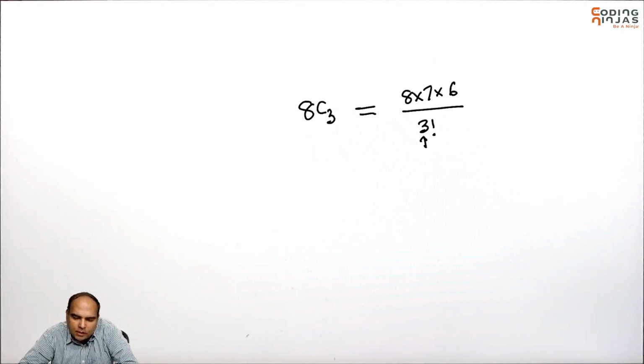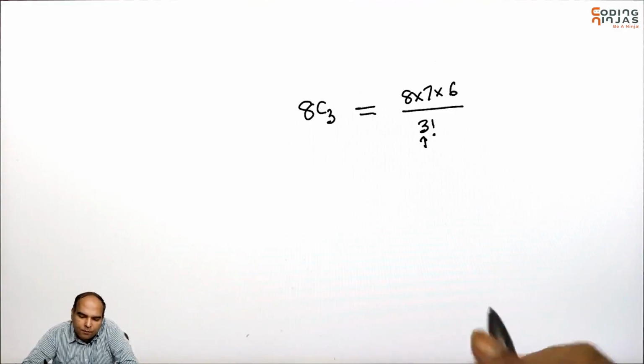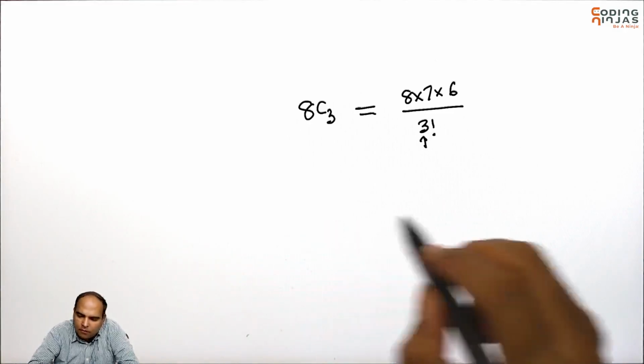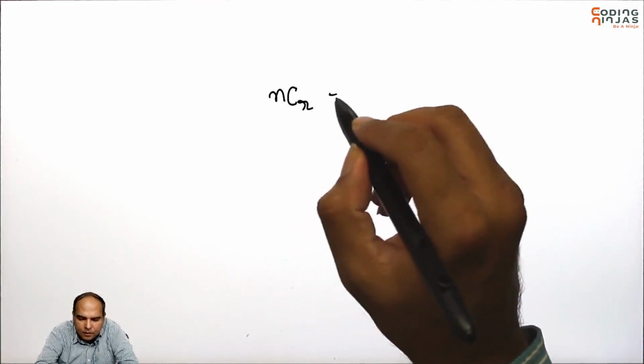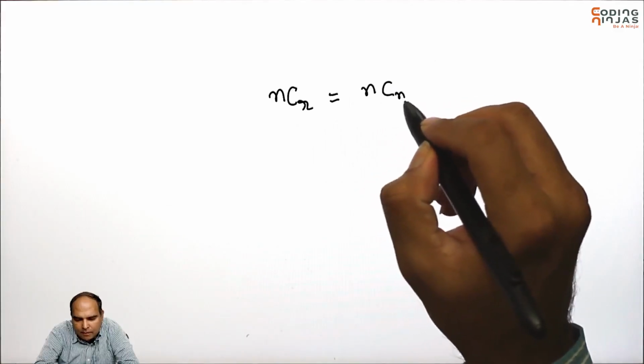And of course, there's a couple of more things you need to know, and that is one more formula: nCr is equal to nC(n minus r).